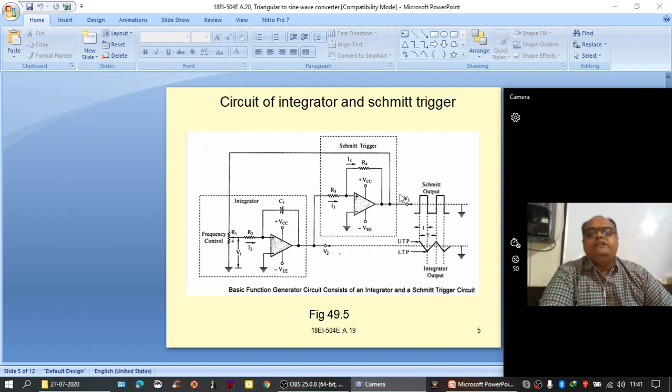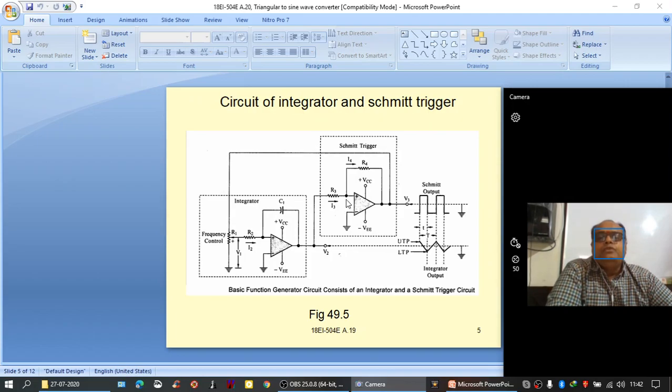So the voltage is V3 by R3 plus R4 into R3, plus V2 by R3 plus R4 into R4. One is a negative voltage and one is a positive voltage. So the algebraic sum would be a positive voltage which is gradually decreasing.